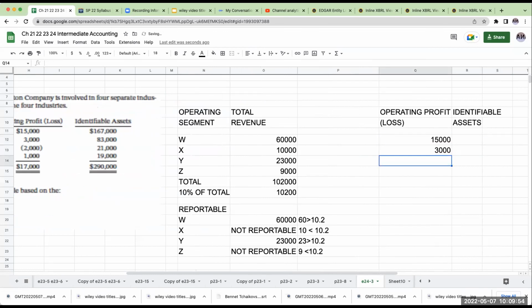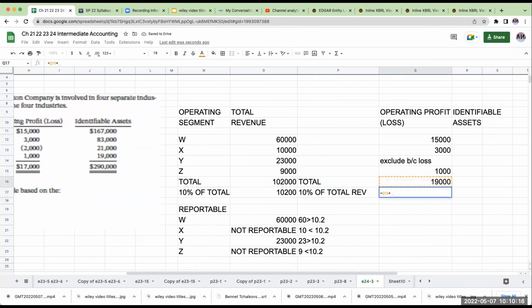X had a profit of 3,000. We're going to exclude the loss of 2,000. And then over here, we have 1,000. And so you've got 19,000. Again, we're going with the 10% of the total test, so this is going to be times 0.1, or 1,900.